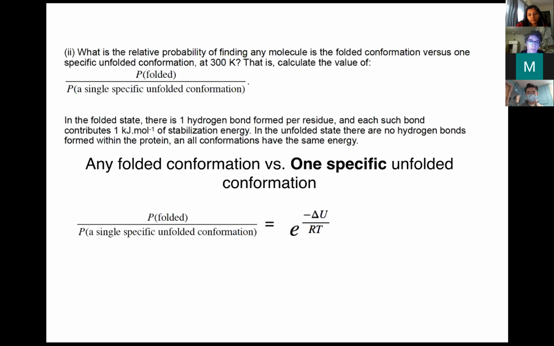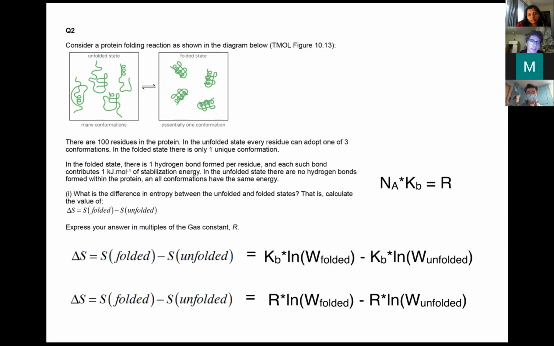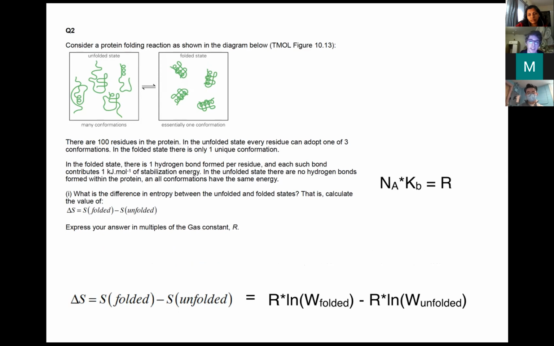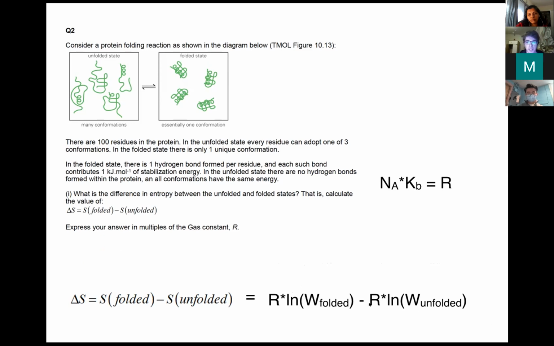Do we have to multiply with the Avogadro's constant as well? Well, you wouldn't have to do that, because if you have the Boltzmann constant definition, you'd multiply both sides by the Avogadro's number, and then they would cancel out. So it would basically be the same exact thing, except now it's the entropy per mole. So yeah, you can just use this straight up. Okay, I see. Thank you.